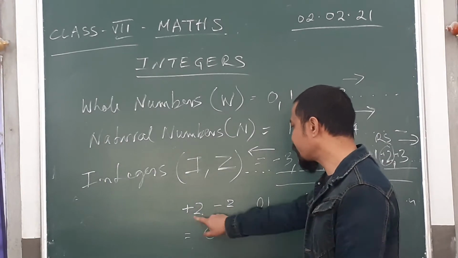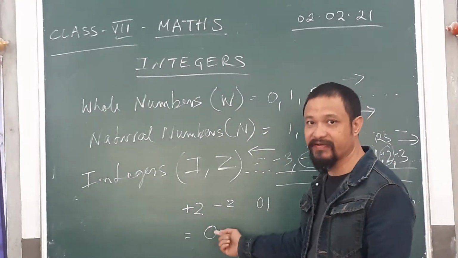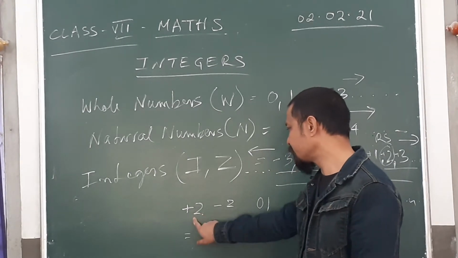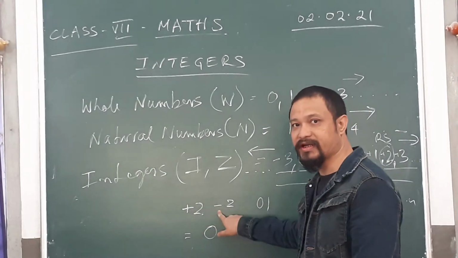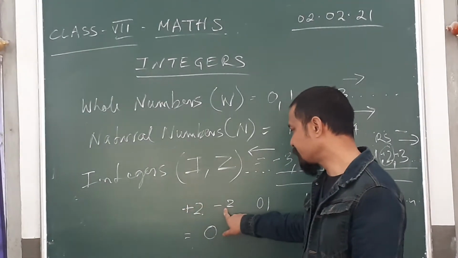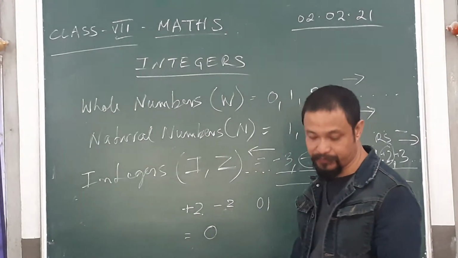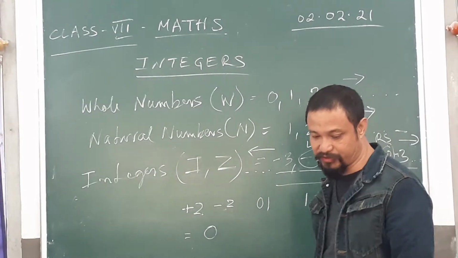If you encounter a number like this and they say give the final answer, what would you do? There are rules in maths. You have to compute the sign rules first. So plus into minus is minus, the operation will be minus, so 2 minus 2, 0. That's what this rule is trying to tell you.